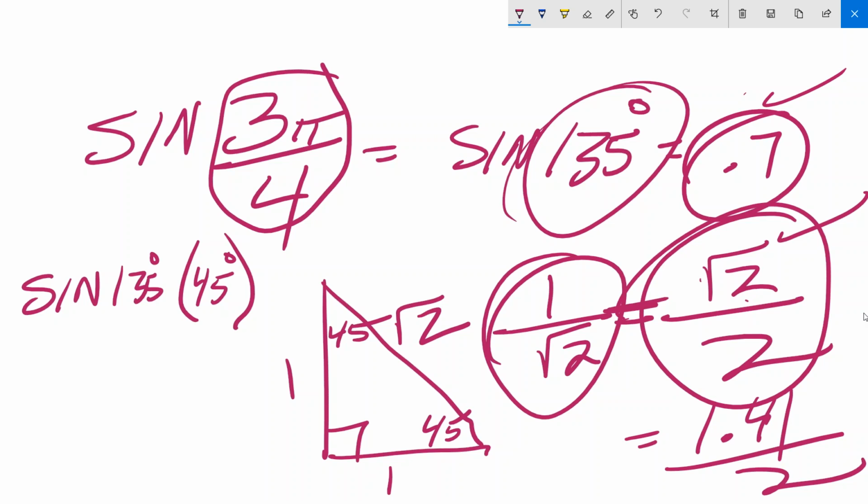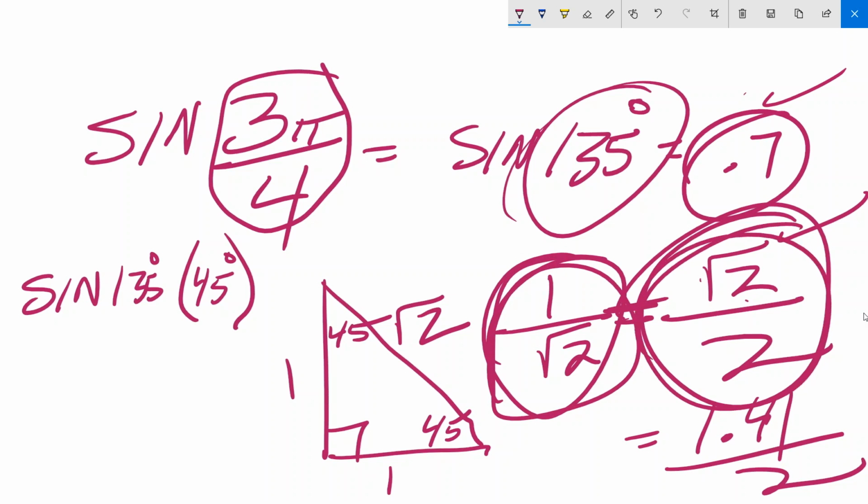It's actually probably 0.707, if my memory serves me correct. But it's still rounded off. You could carry it out to 12 decimal places and it would still be rounded off. So they're actually more interested in you knowing that it's either 1 over root 2 or root 2 over 2. They're both the same number.